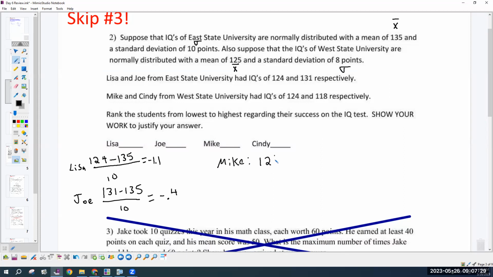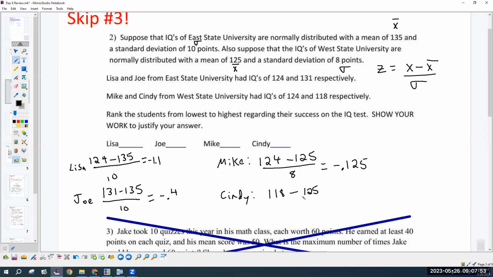Mike is 124 minus 125 over 8, because remember, our formula is Z equals data point minus the average over the standard deviation. So for Mike, I get negative 0.125. For Cindy, I have 118 minus 125 over 8, and Cindy has a Z-score of negative 8.